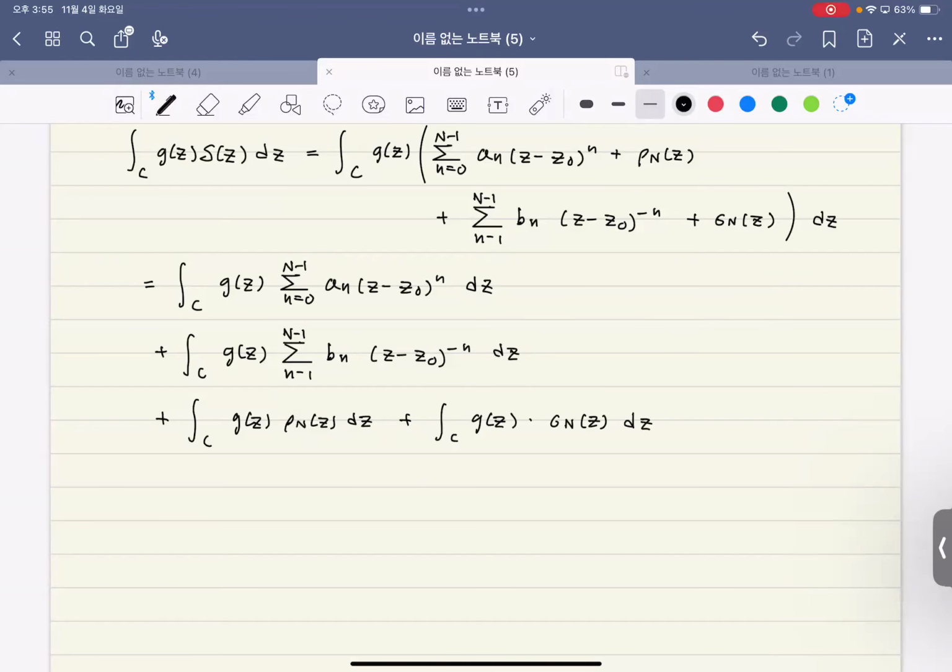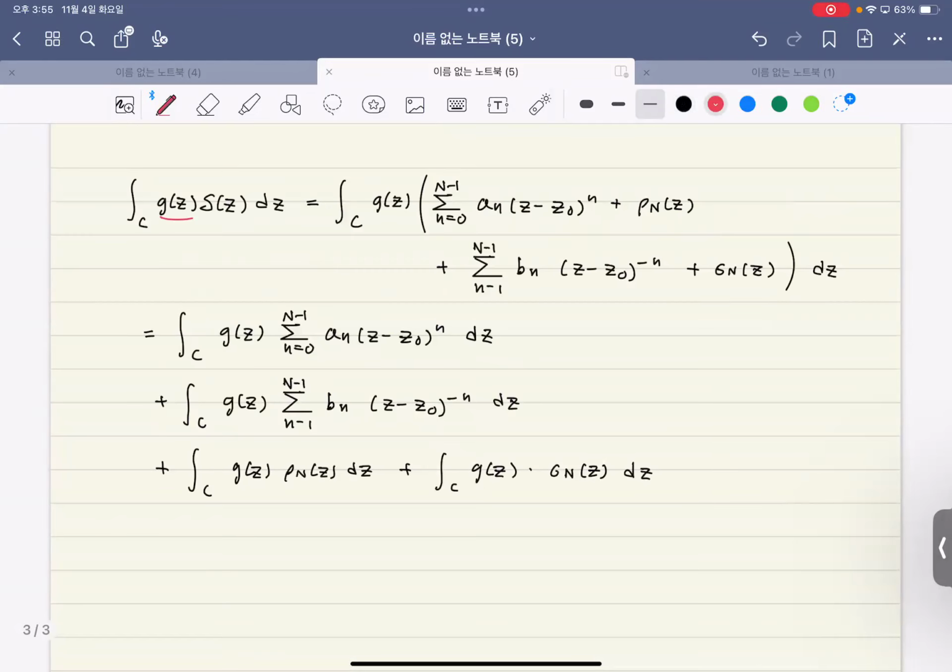I ended up with some formulas involving integrations, and what I want to show is that these last two terms both tend to 0 as n goes to infinity.